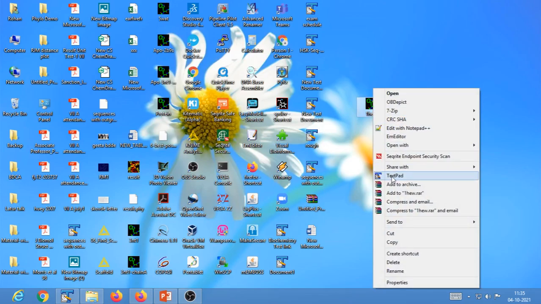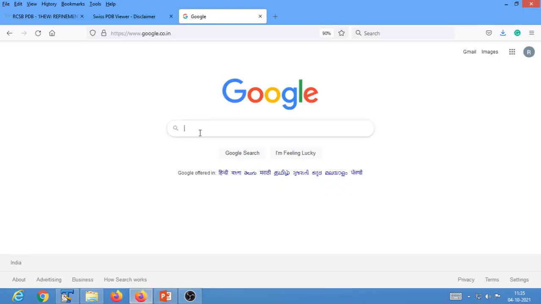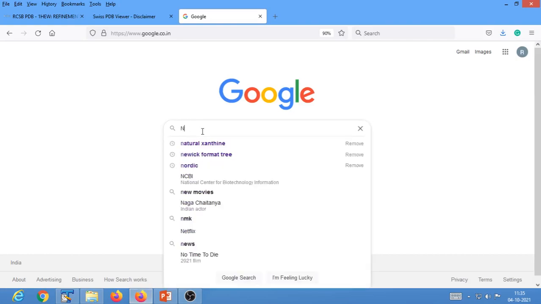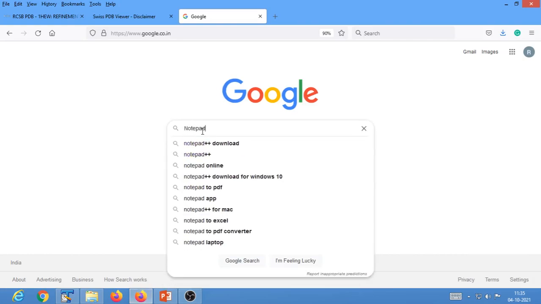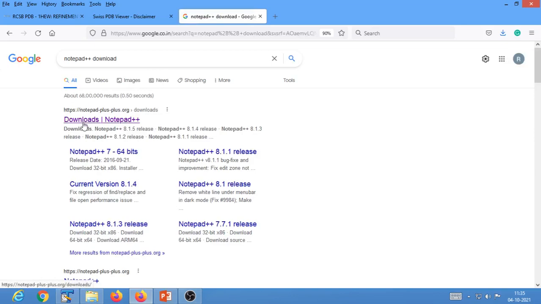But I'm not sure if this TextPad is free software. So what you can do is use one of the other text editors like Notepad plus plus. You can download this Notepad plus plus from its website.